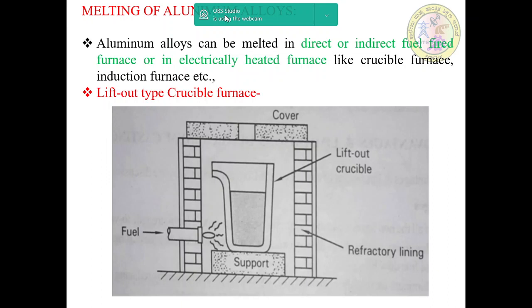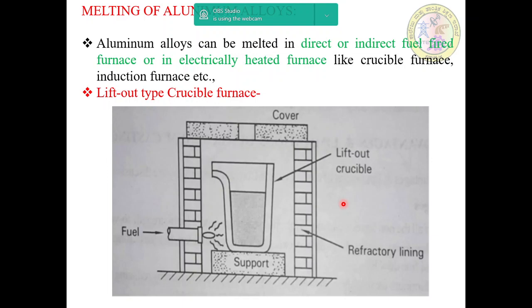This is a simple sketch showing a lift out type crucible furnace. Here the lift out type crucible furnace is one of the oldest and simplest types of furnace used for melting aluminum alloys in small volumes.